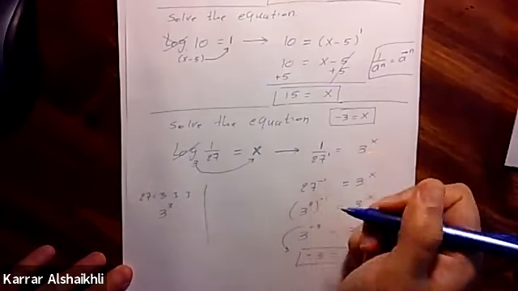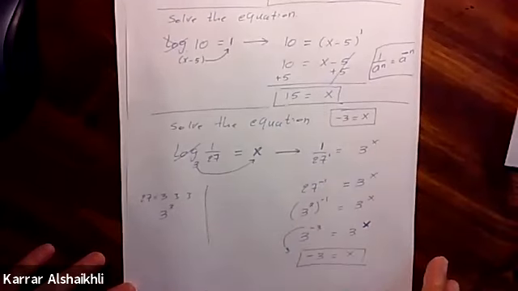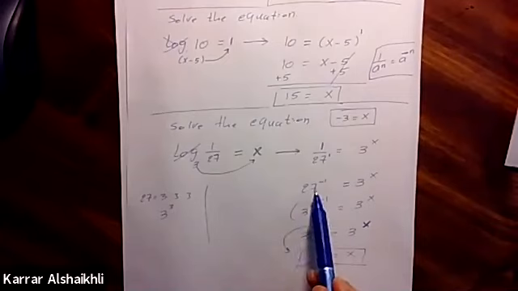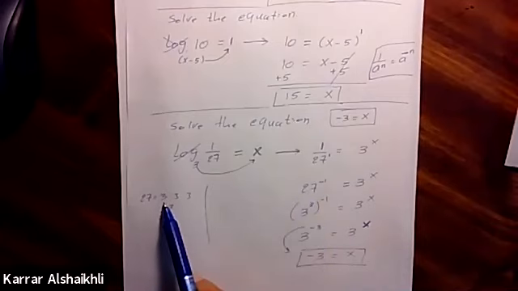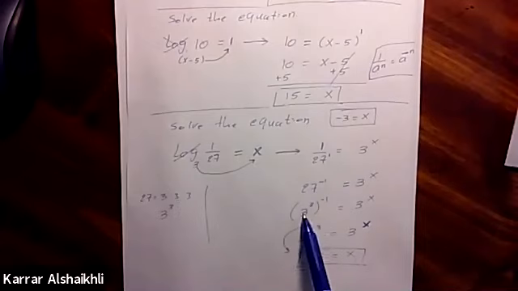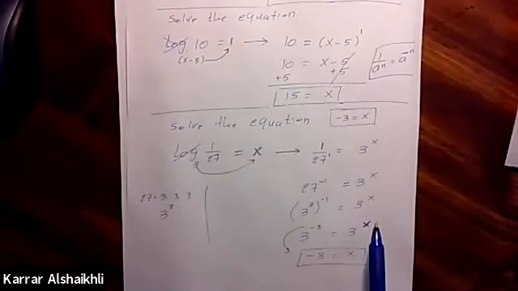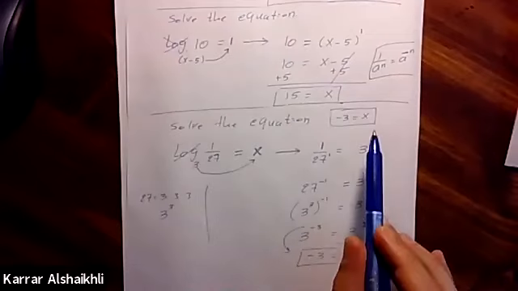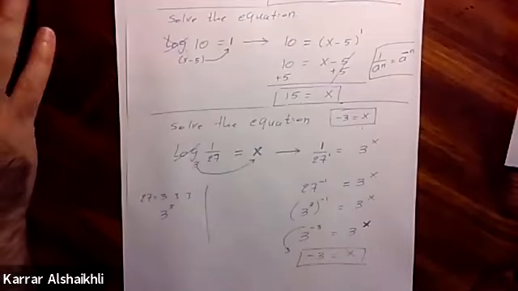When I move it on the top, it's going to be -1. Then factor the 27, which is 3 cubed. So 3 cubed, multiply 3 with -1 is going to be -3. Then I have equal bases. That means I have equal exponents. So -3 from this side equal x, which is exactly the same result.